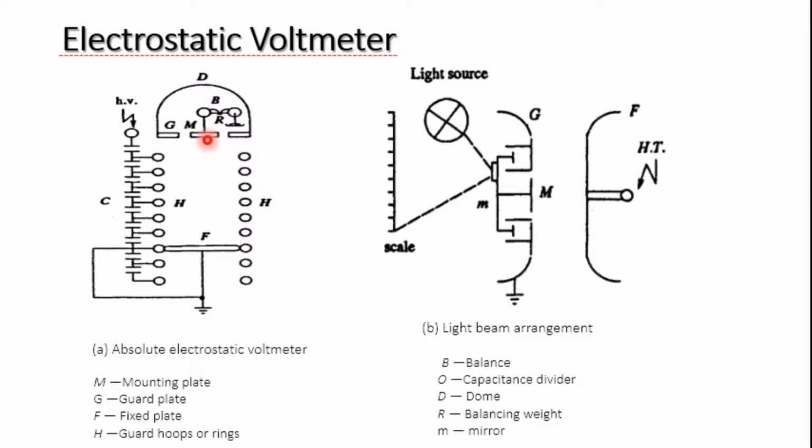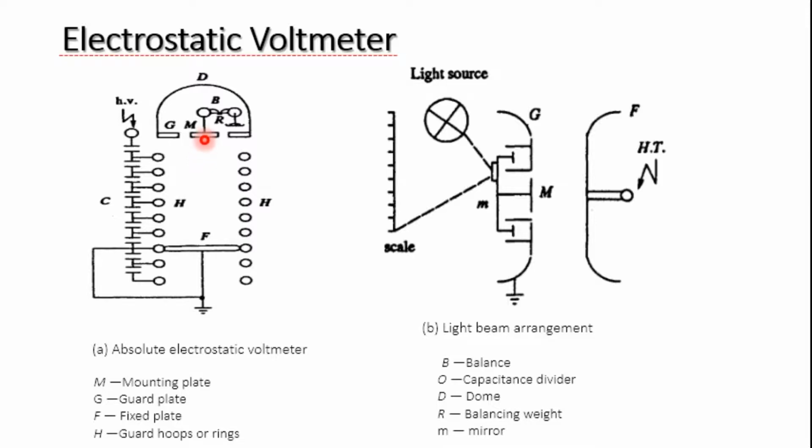For the conventional version of the meters, there is a simple spring control which is used, which will actuate a pointer to move on the scale of the instrument. In a more versatile instrument, only a small movement of the moving electrode is allowed, and it is amplified by optical means.